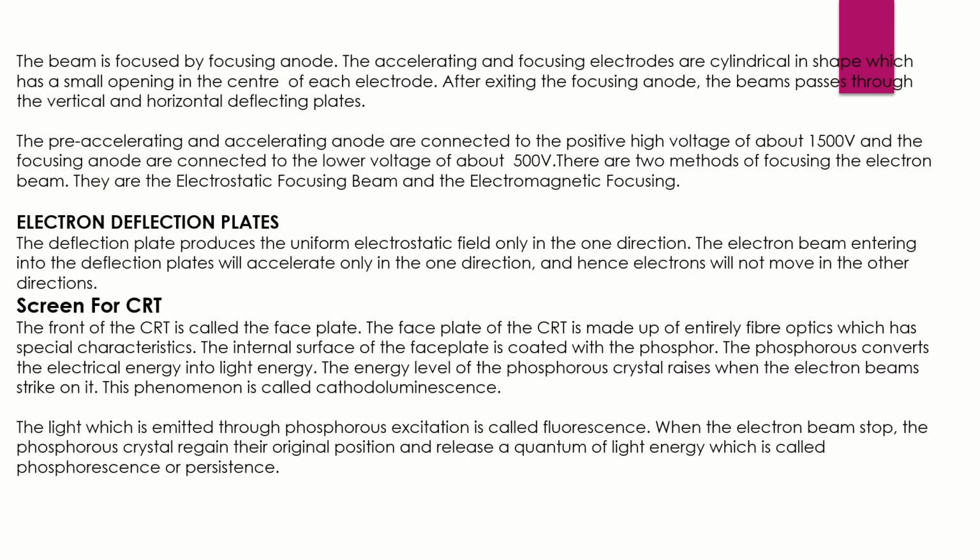They produce a uniform electrostatic field only in one direction, and the electron beam entering the deflection plate will accelerate only in one direction, and the electrons will not move in another direction.